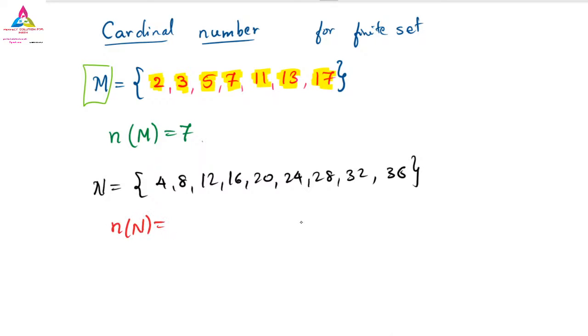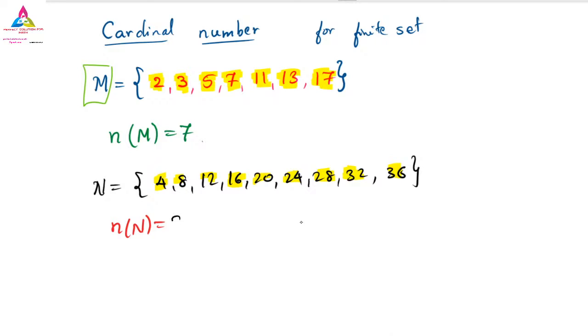Yes, very good. Yes, Vandana, 9. That is correct, because we have to count how many: 1, 2, 3, 4, 5, 6, 7, 8, and 9. So the cardinal number of set N is 9.